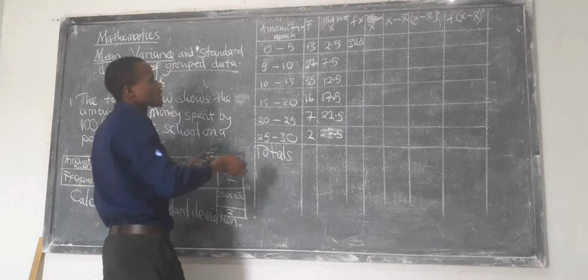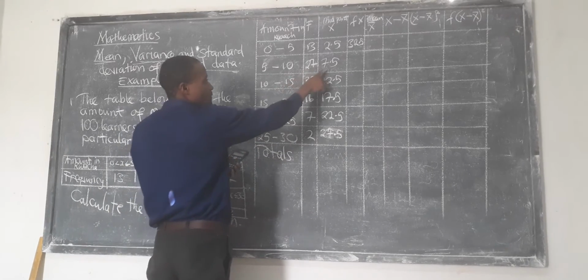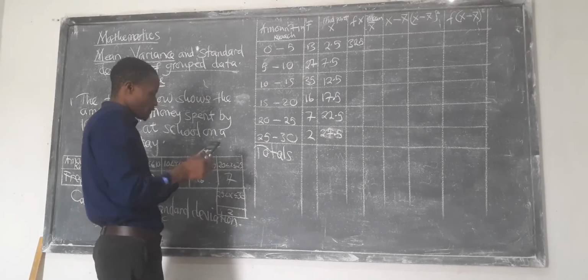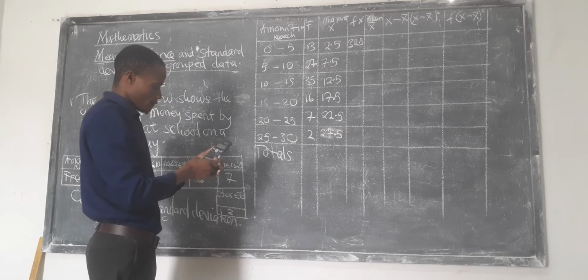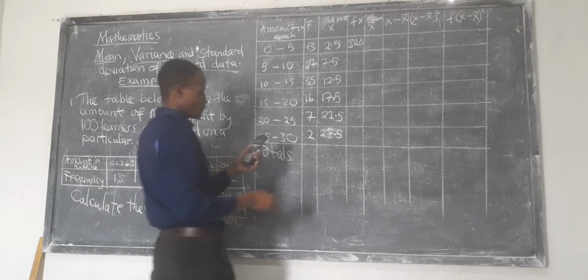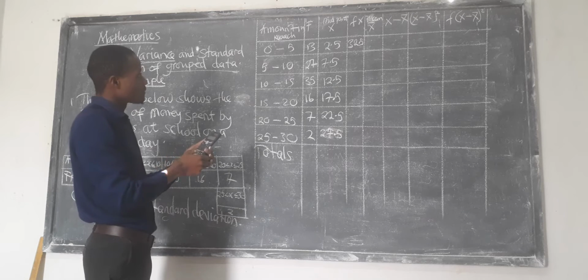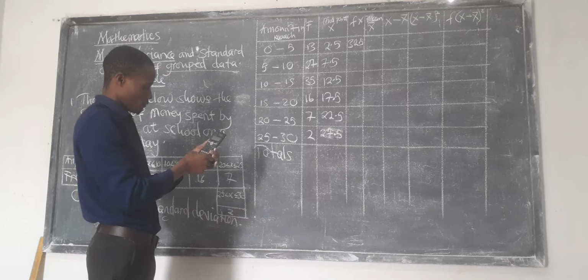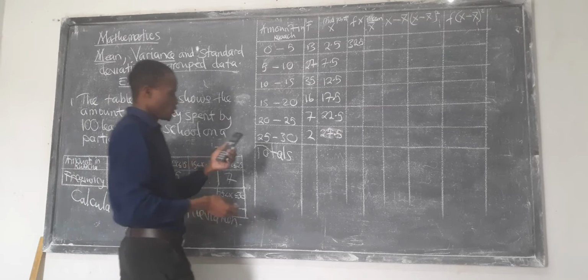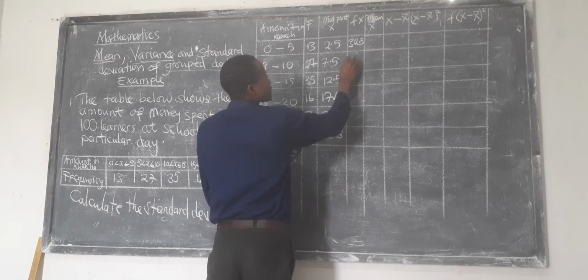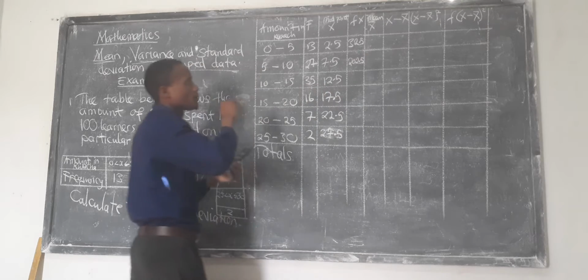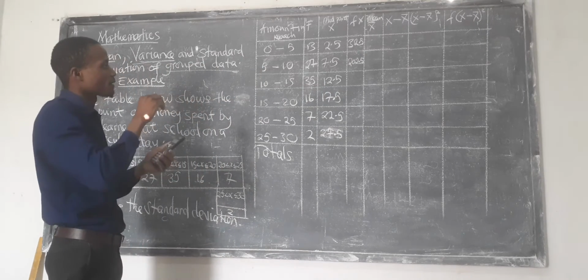Next, we have 27 times 7.5, which is 202.5. I hope you're able to see the numbers I'm writing.